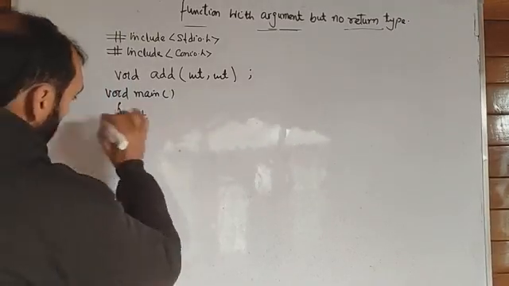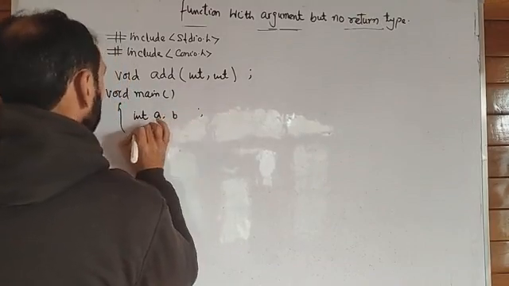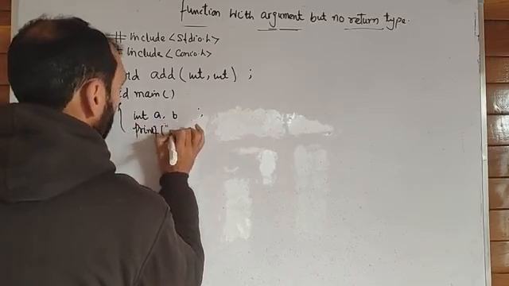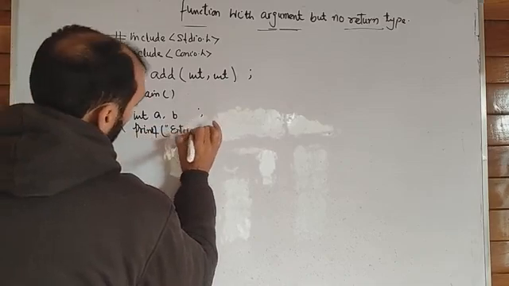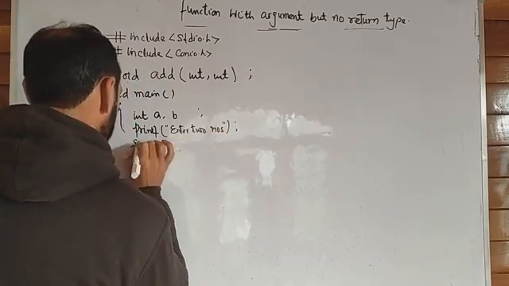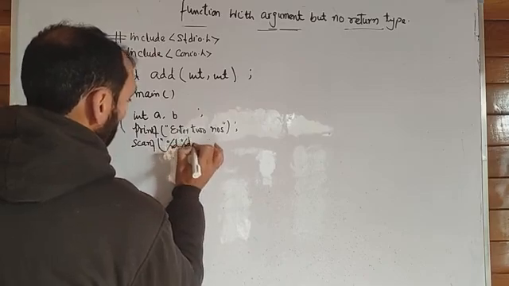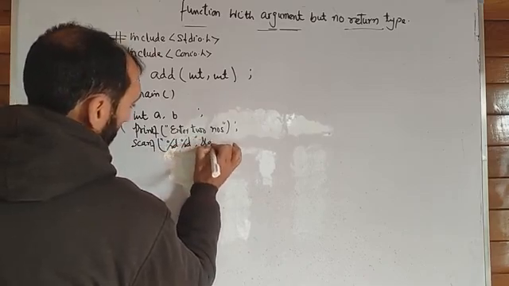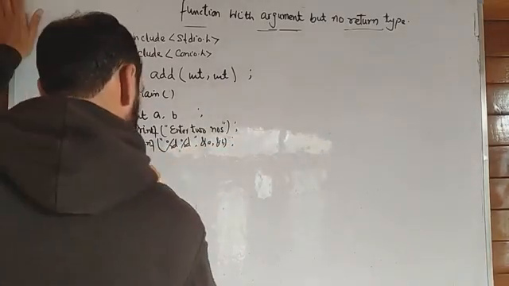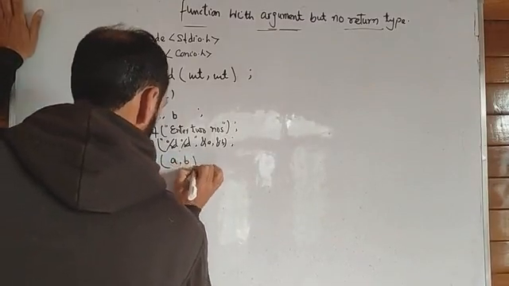First of all, I will declare int a, b. printf enter two numbers, scanf %d %d, address of a and address of b, then add a, b.